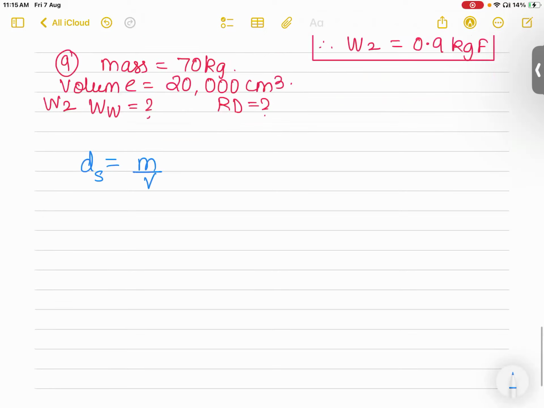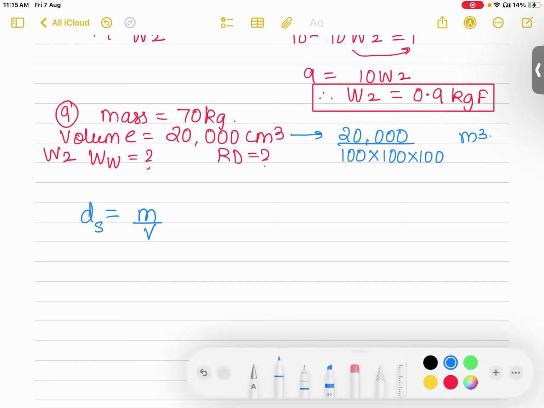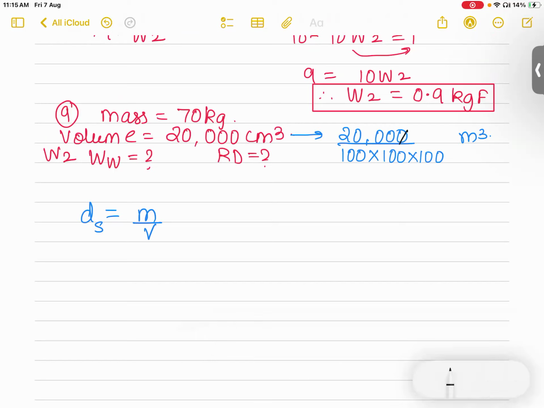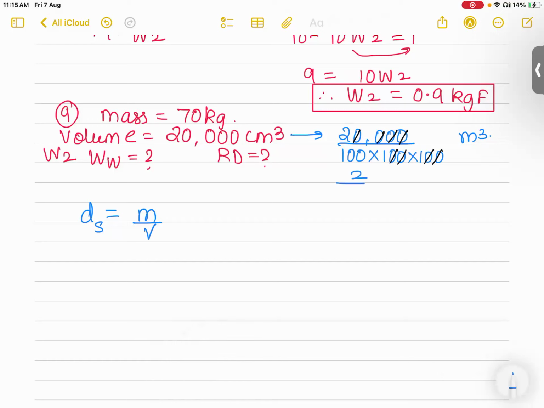But kids, the problem here is volume is given to me in centimeter cube. So this will be 20,000 upon 100 into 100 into 100. I converted it into meter cube, which was required as per my standard SI unit. Things which are getting cancelled, cancel them. Four zeros cancel. One, two, three, four. I will be left with 2 upon 100. So this will be 2 upon 100 meter cube.